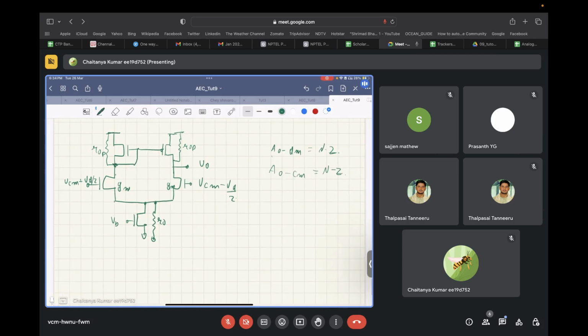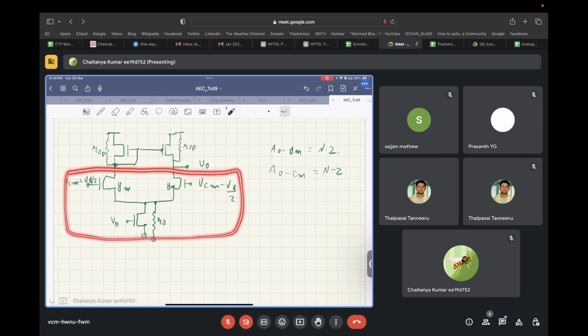Since we look only at the lower end of the circuit, you can see that the impedance looking in from both ends is the same, that is 1 by GM. That means that in the lower end of the circuit, both the halves are symmetric. So this will be sitting at differential 0 volts, correct?